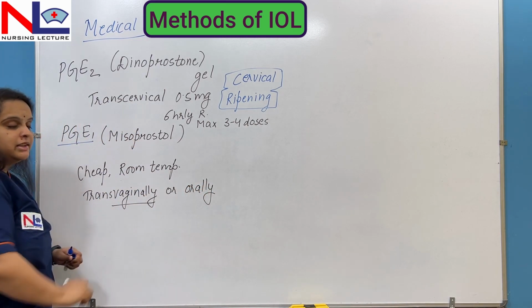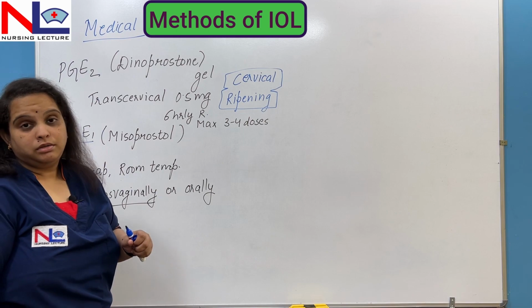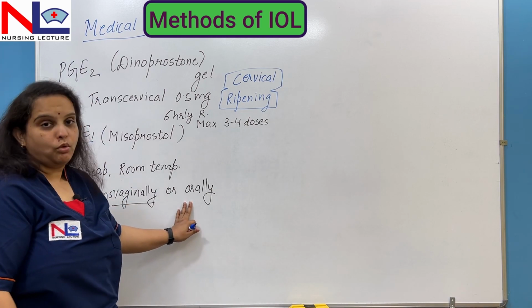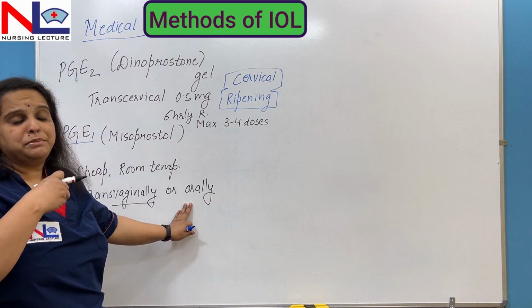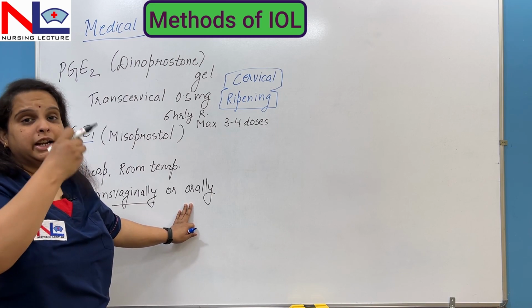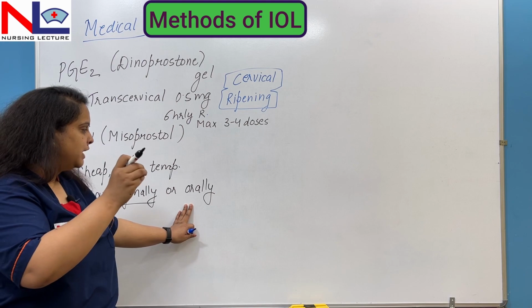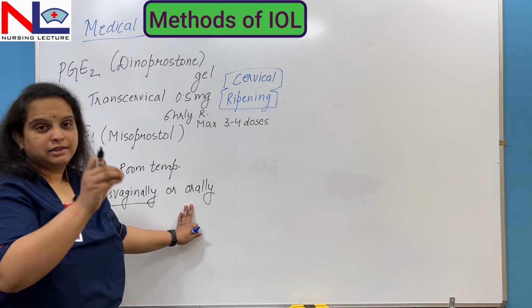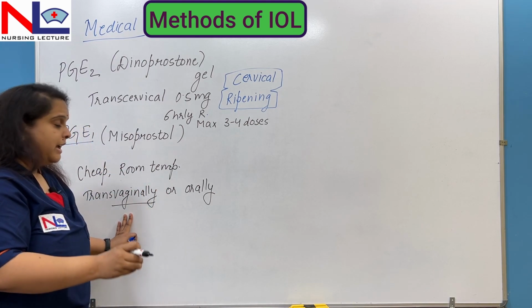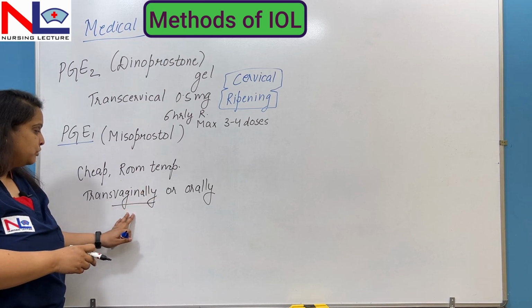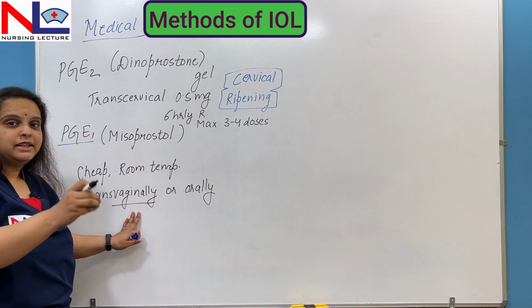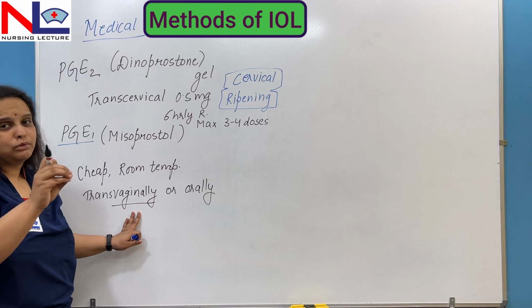But the vaginal route is more efficacious than the oral route, because if we administer it orally, it passes through hepatic circulation first, so the bioavailability is less. If we administer it vaginally, it goes directly into the circulation.